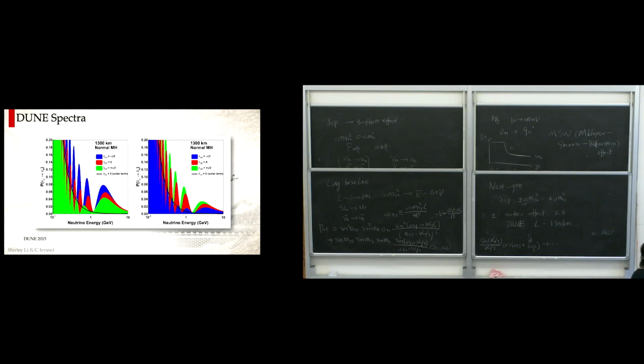So that's a signature for hierarchy. Then within one of these modes, the different colors show different values of delta CP. Depending on the value of delta CP, you also get a different precision. So this single set of measurements will tell you the two remaining unknowns in oscillation.